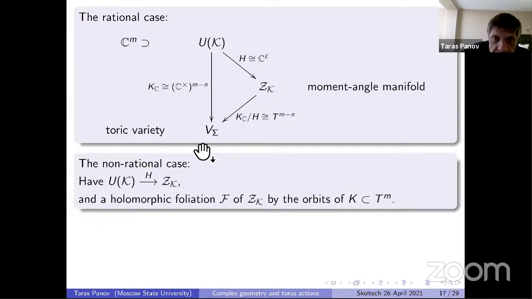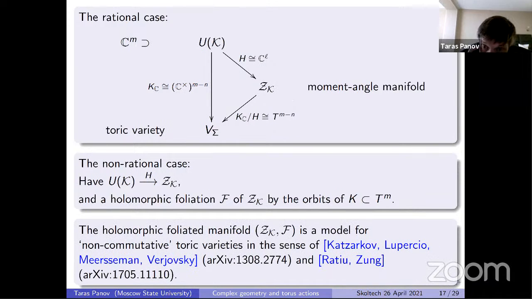But in the non-rational case, you only have this arrow. And instead, these tori are no longer closed. They become non-closed subgroups, and you have a holomorphic foliation by a non-compact group. And that's a holomorphic foliated manifold.